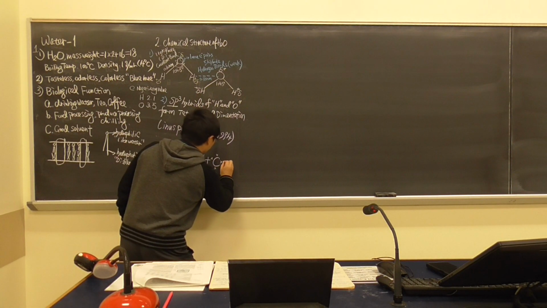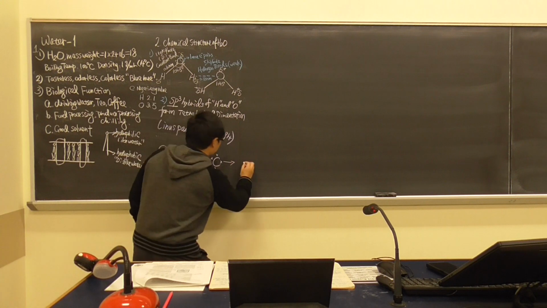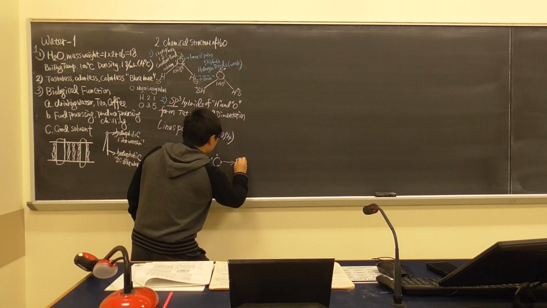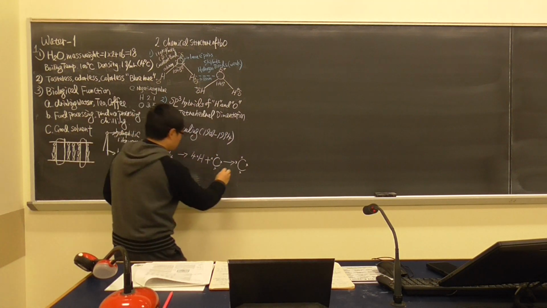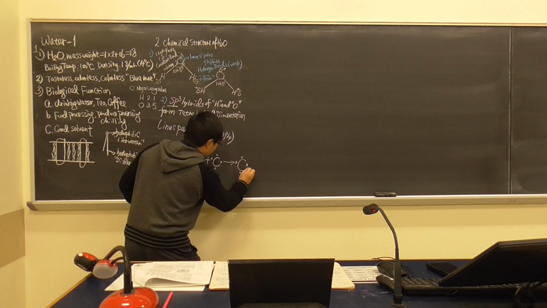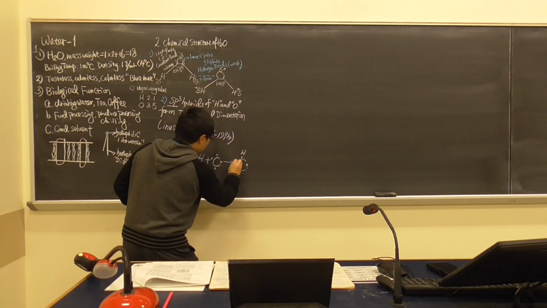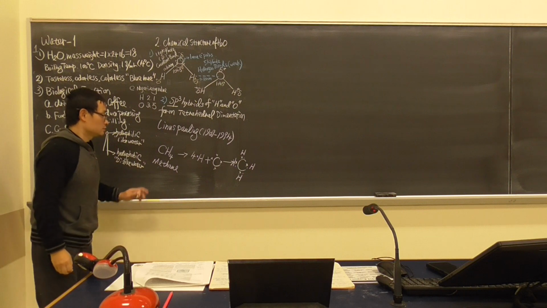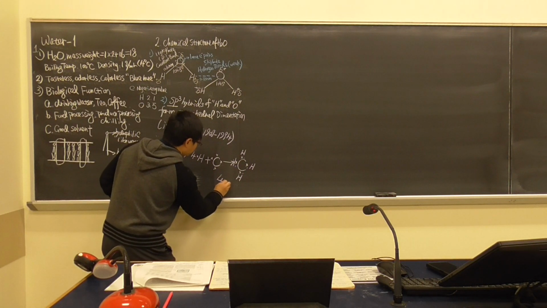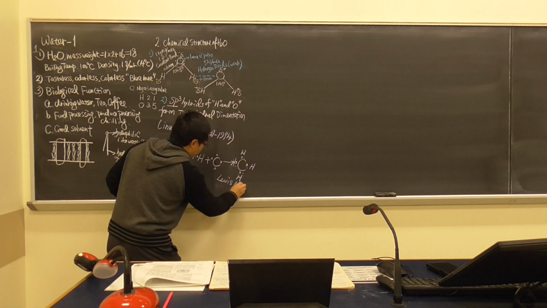So they could be combined. What is the combination going to look like? This is C. It will look kind of like that. Okay, they shared, and that is methane. And this, by the way, we call a Lewis model.